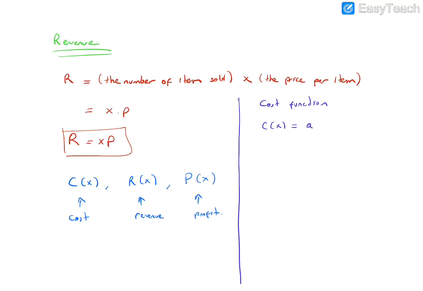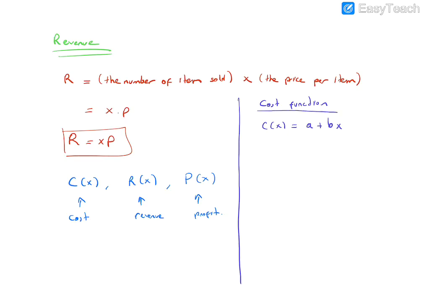Fixed cost, let's say A, plus the cost of each item, let's say B. So B times X. Here A and B are positive constants determined from the context of a particular problem.